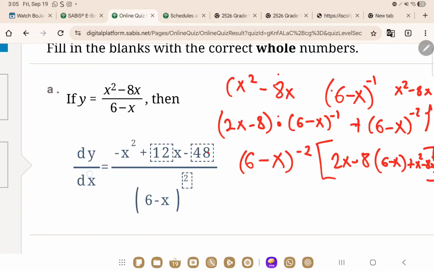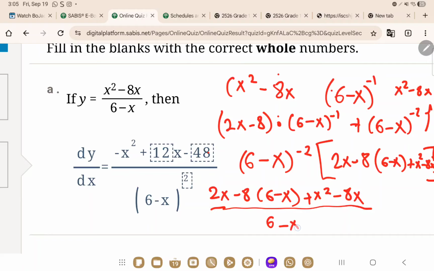So this is basically 2x minus 8 into 6 minus x plus x squared minus 8x, all over (6 minus x) squared. Now we simplify the numerator: 12x minus 2x squared minus 48 plus 8x plus x squared minus 8x.